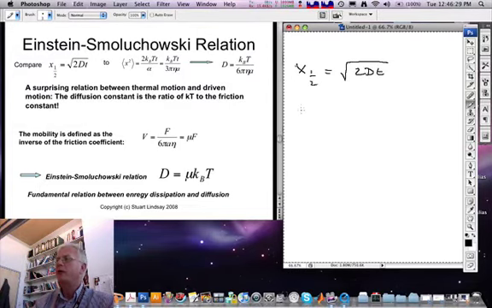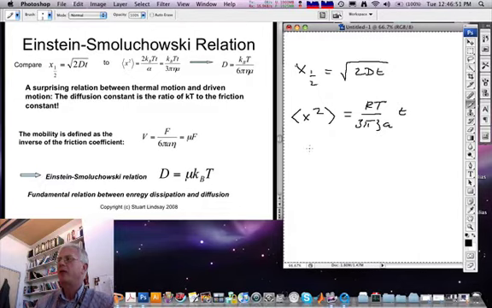Recall, though, for the Langevin equation, we obtained the following result, that x squared was kT over 3 pi eta a times t, and comparing these two, you see then that the diffusion constant is given by kT over 6 pi eta a.